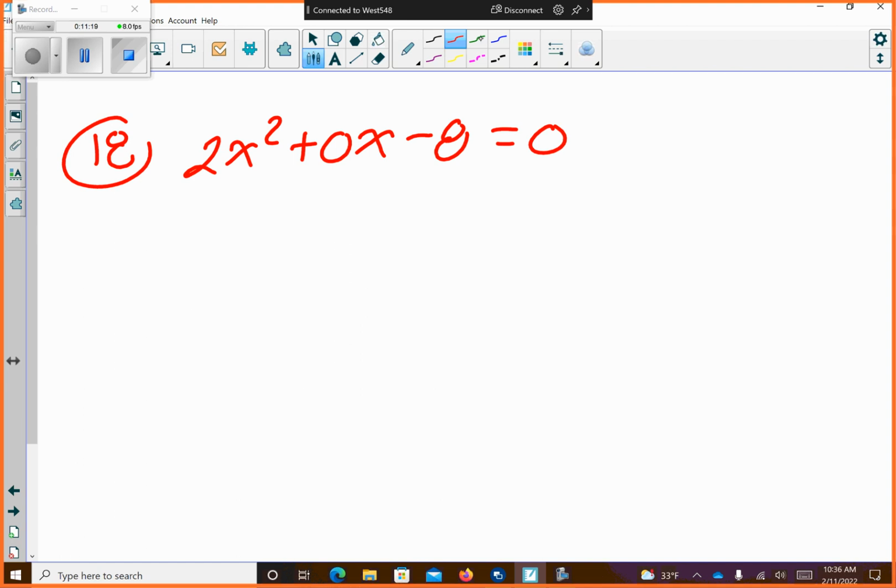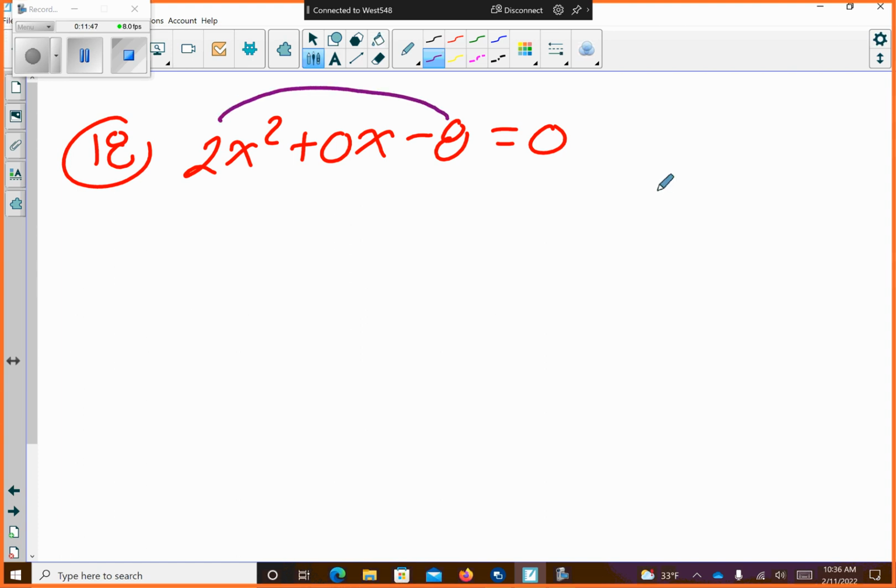All right. So we got that 0x there. How should I go about doing this problem? What do you think? So the tough thing about this, I wondered, let's try this.